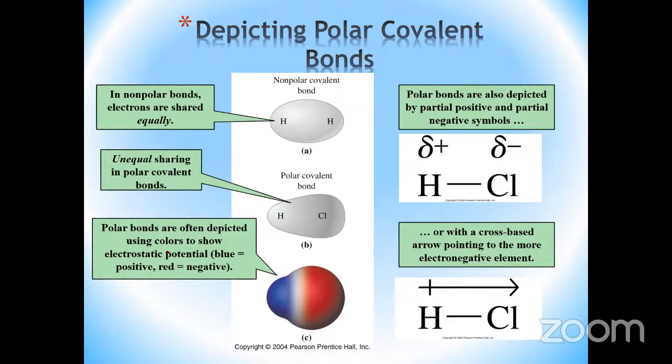So, I thought I had it typed here, but I guess not. So let me just squeeze that in somewhere here. So the term dipole you're going to see is basically the same thing as a separation of charge in a bond or molecule.